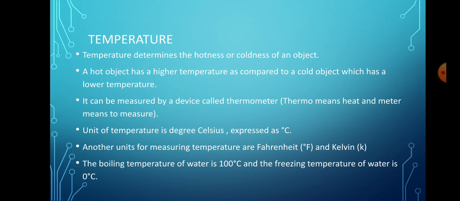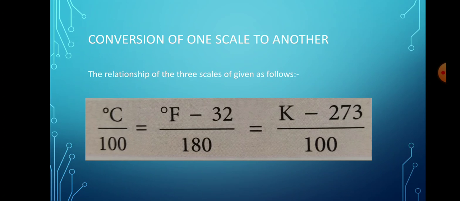Now, the boiling temperature of water is 100 degrees Celsius, and the freezing temperature of water is 0 degree Celsius. Now, the temperature scales are related to each other and can be converted from one scale to another scale by using the formula given as follows.